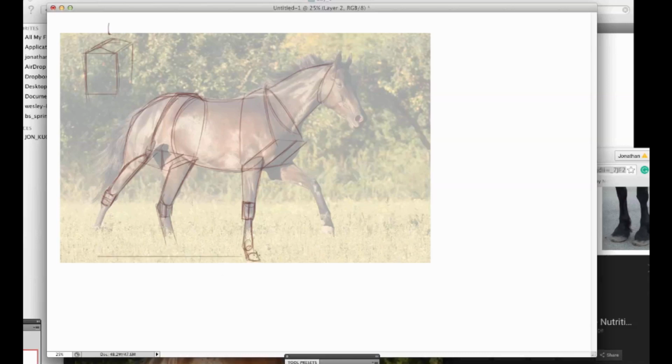Coming down again, so let's draw a line up here. So this is how I break down the animal into simple, easy to remember information.